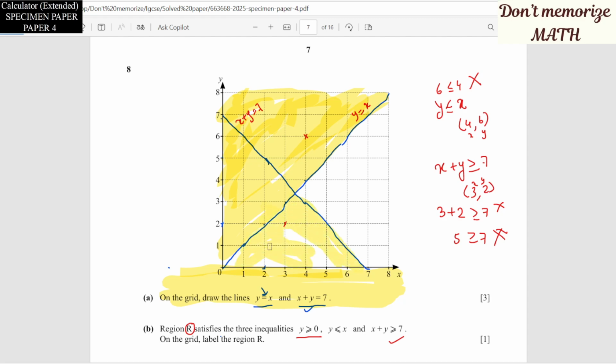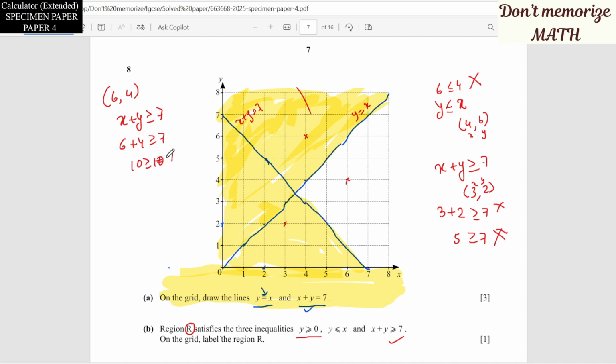Suppose I will show you one more thing, because for both of them we got a wrong answer. For example, for this line, if you are choosing this point, this point is 6 and 4. So what is the inequality we are checking? x plus y greater than or equal to 7. That is 6 plus 4 is greater than or equal to 7. 10 is greater than or equal to 7.